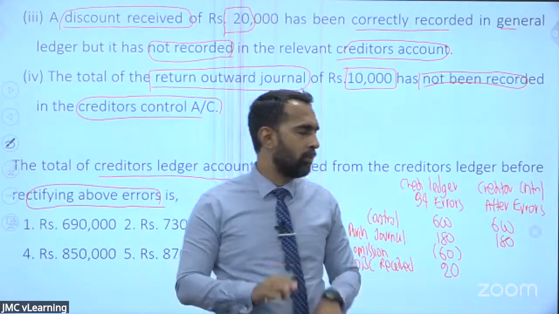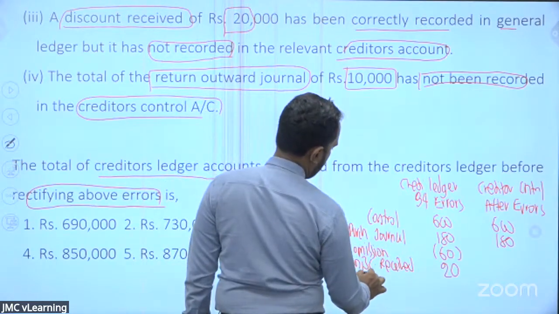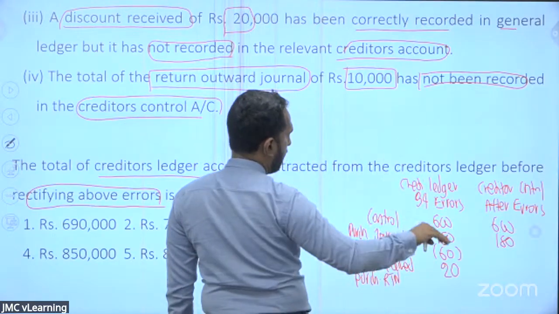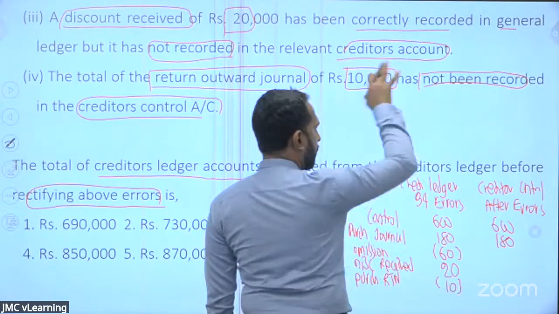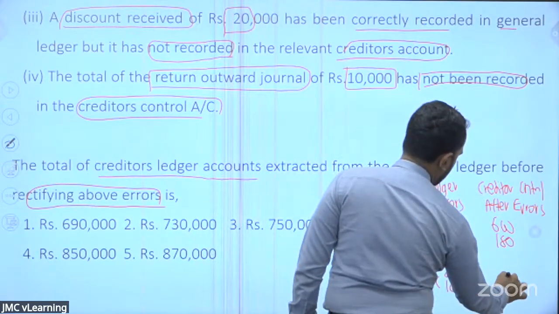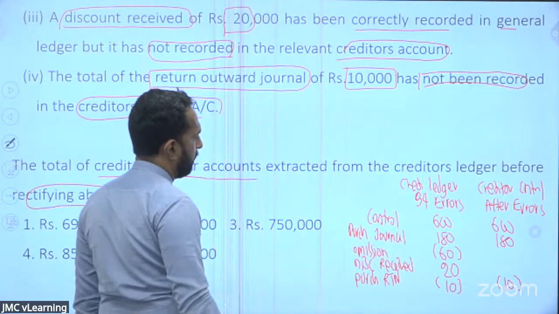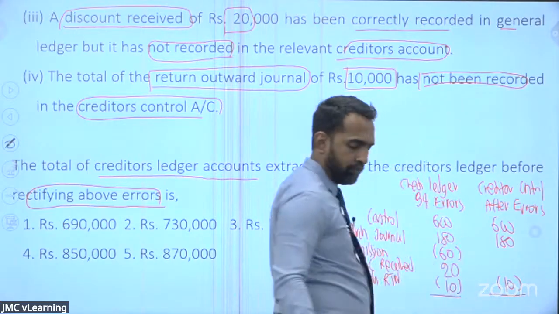The ledger they have properly recorded. So in order to arrive at the creditors ledger balance, we need to deduct that amount.